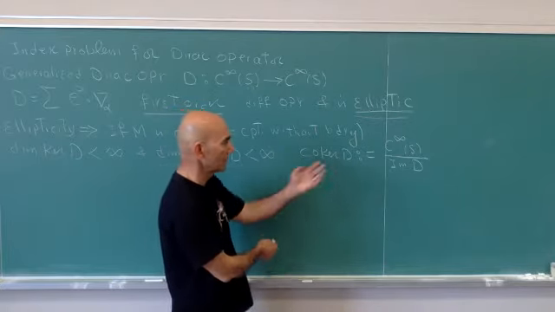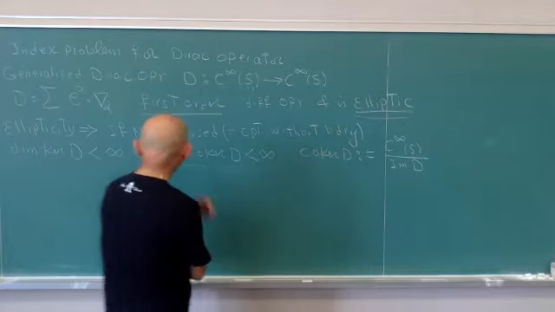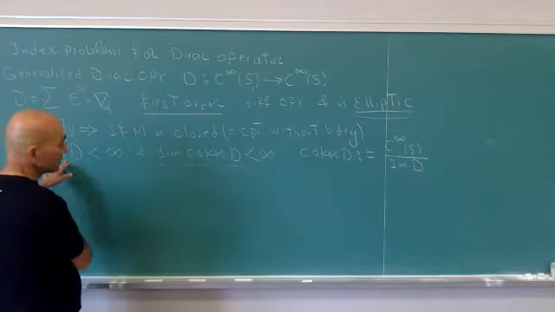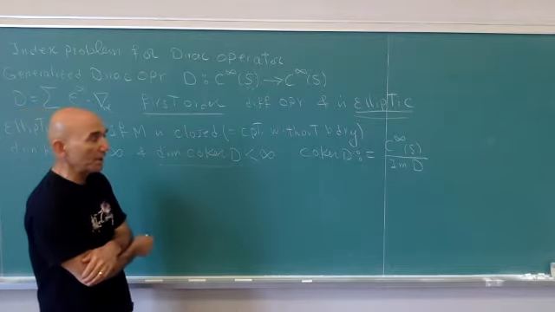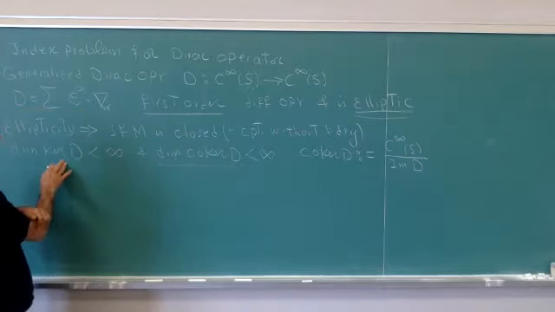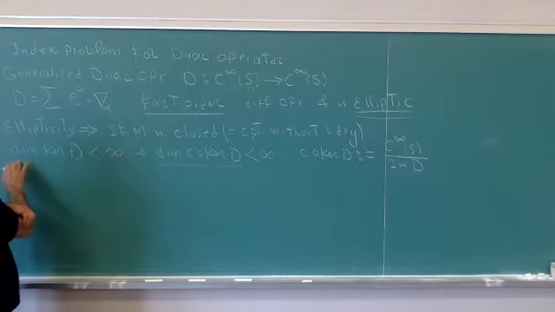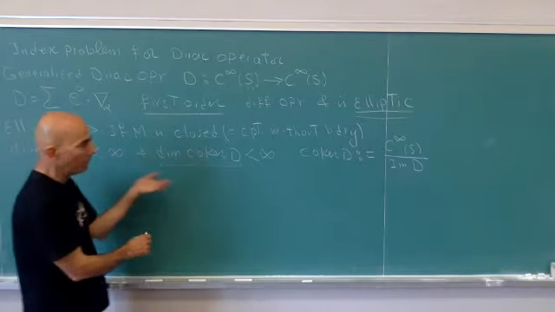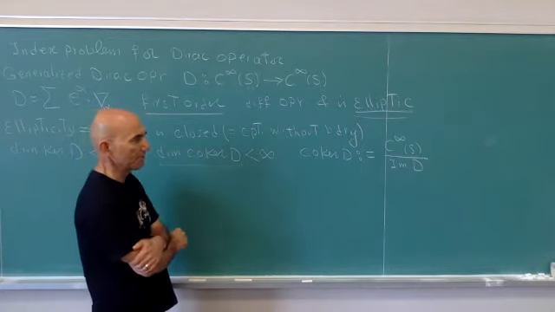That's what it measures, this number. And this number measures how far D is from being injective. I mean, this kernel is 0 if and only if D is injective, right? So this is a measure of injectivity, and this is a measure of surjectivity.